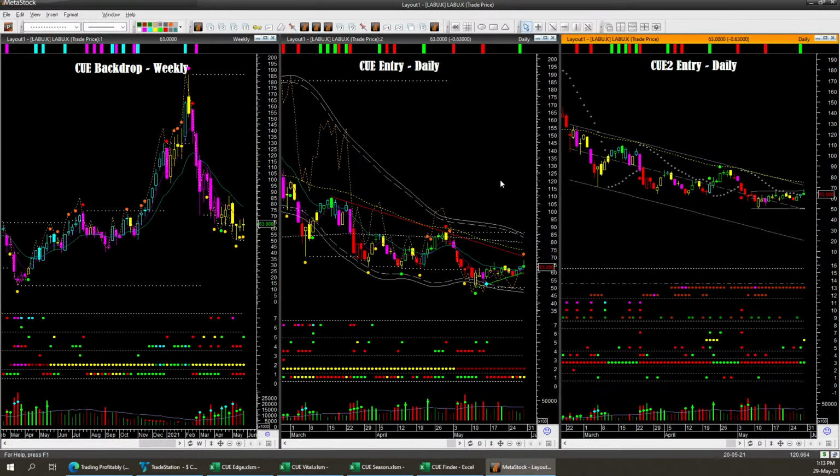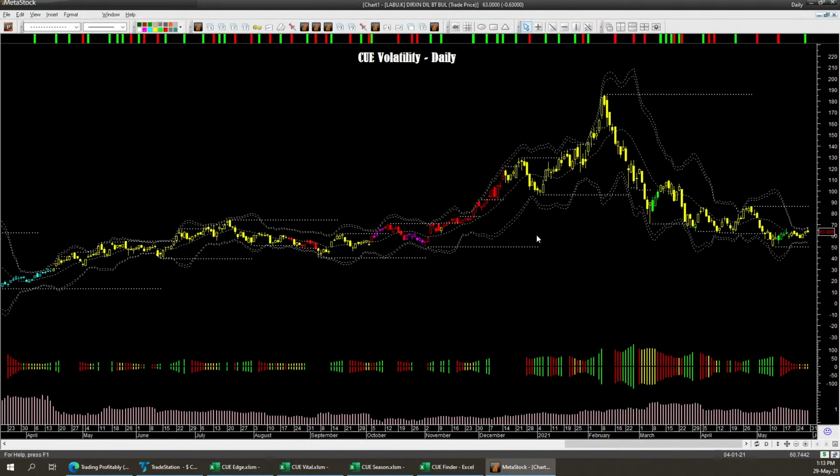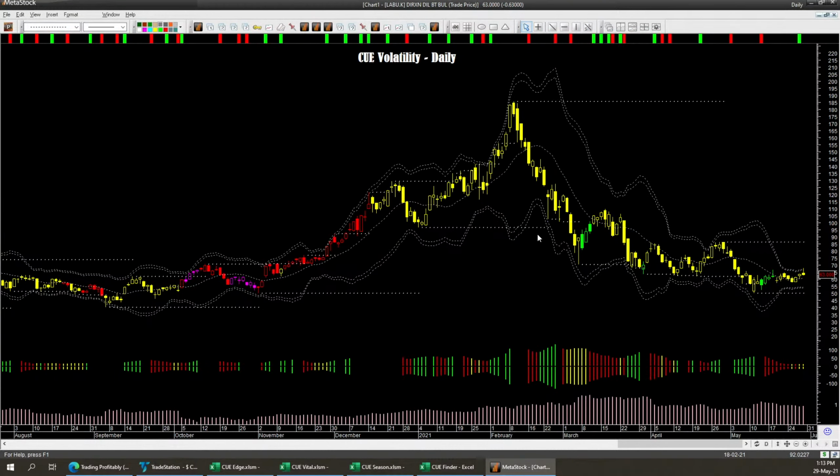So Labu, I took a trade in that, and let me show the Q volatility chart. You saw the alternate chart also has a squeeze, but the Q chart has a squeeze from a long time ago. That squeeze started from here, when the volatility bands started to contract, whereas the traditional squeeze starts to fire once it enters the squeeze.